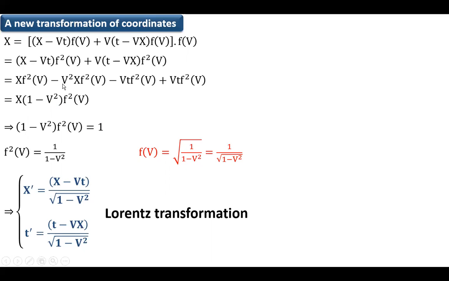If we expand this equation, we have x times f squared of v, minus v squared x f squared of v, minus vt f squared of v, plus vt times f squared of v. So you have minus vt f squared plus vt f squared. These two terms cancel. You will get x times (1 minus v squared) times f squared of v.